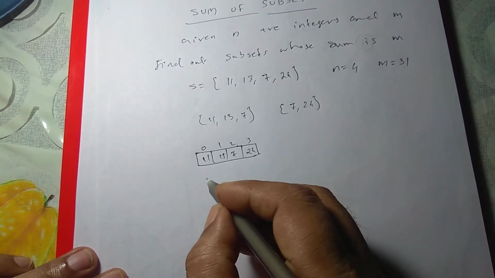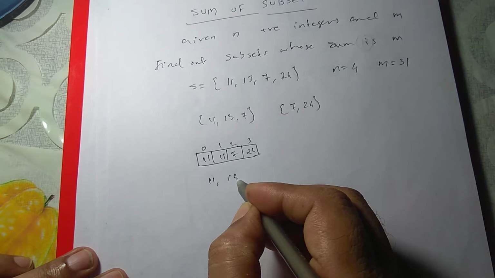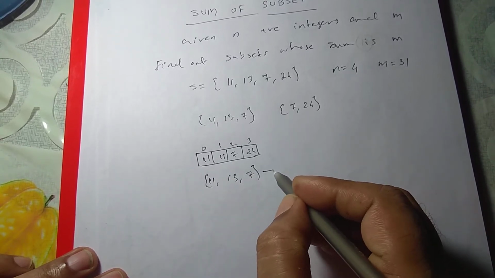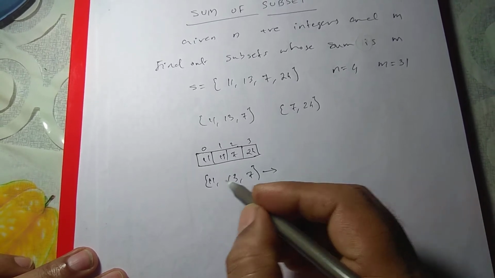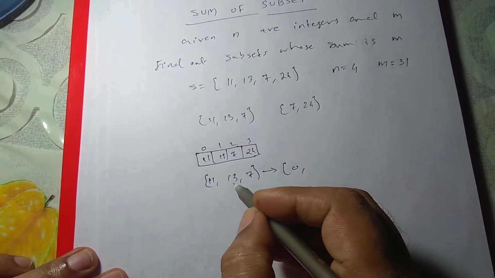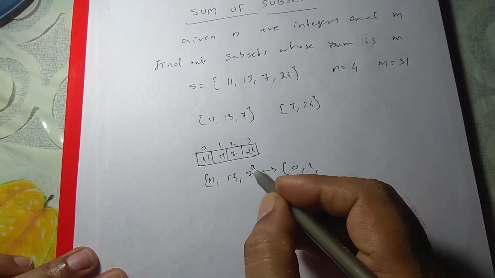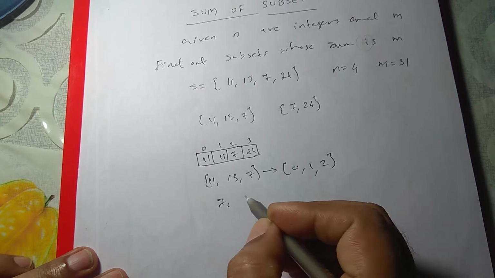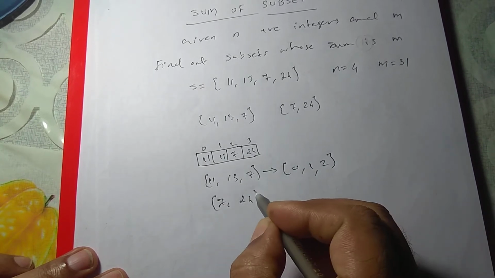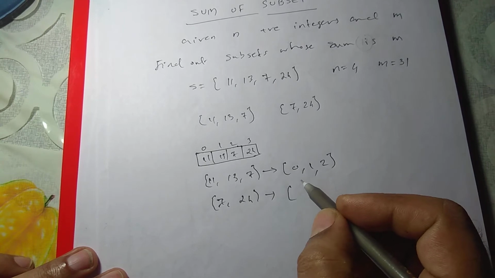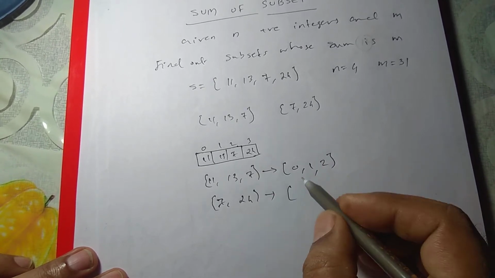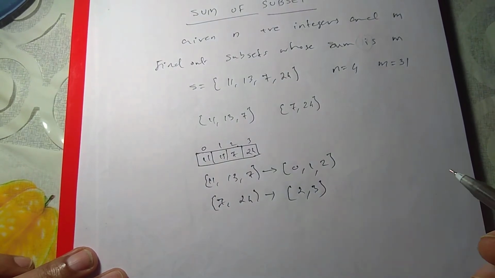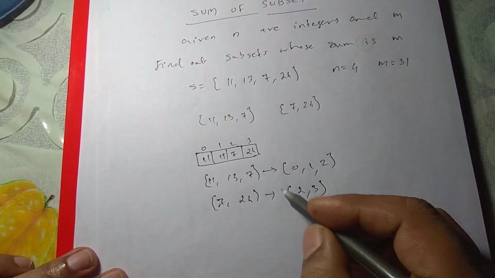This subset can be represented as the index of 11 is 0, 13 is 1 and 7 is 2. And the subset 7 comma 24 will be represented as the index of 7 is 2 and 24 is 3, so 2 comma 3. This is one way of representation.